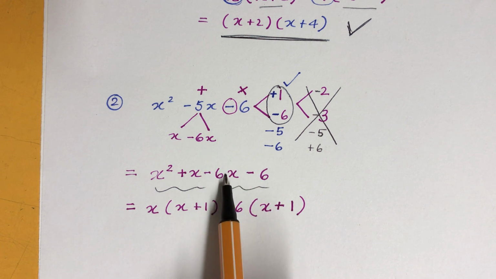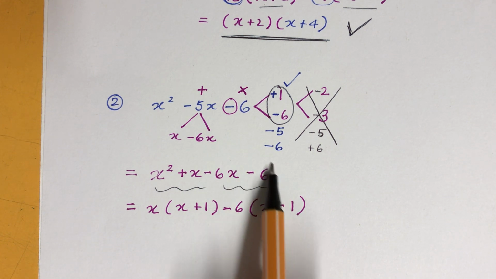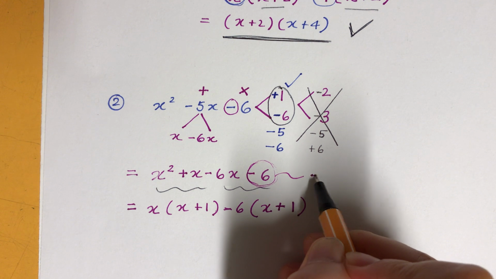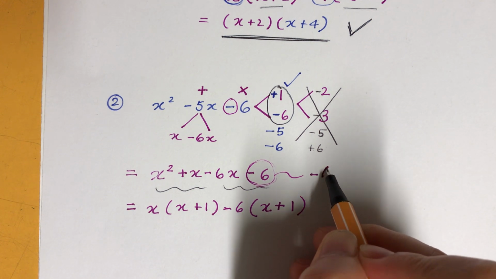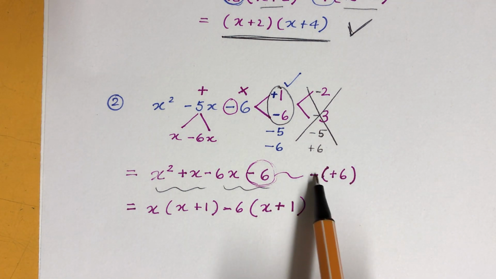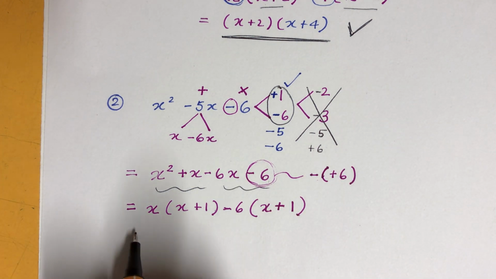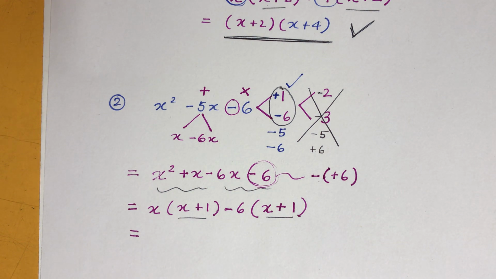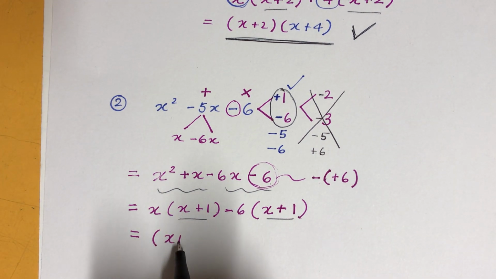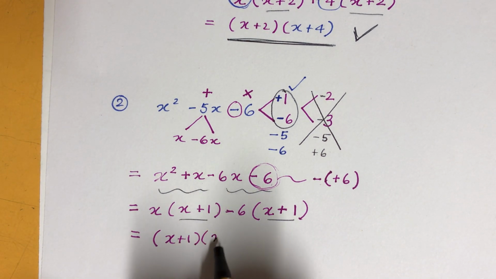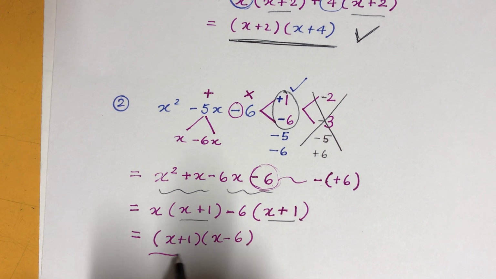If I take minus 6 out, I've got x left, and minus 6 times plus 1 is the same as minus 6. Now I do my common factor: it will be x plus 1, and I put the rest together in factor form, x minus 6.